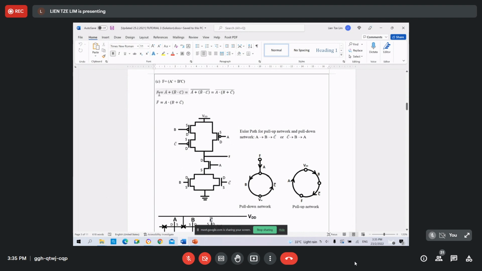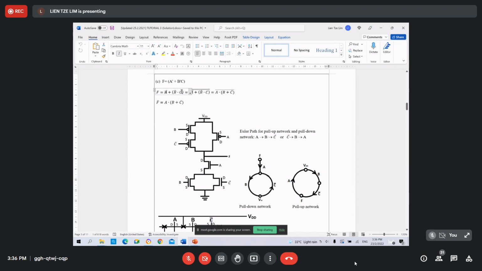The Boolean function is already given here, with PMOS transistors and NMOS transistors. All the inputs must be correct, so given here, this is A bar plus B bar and with C.